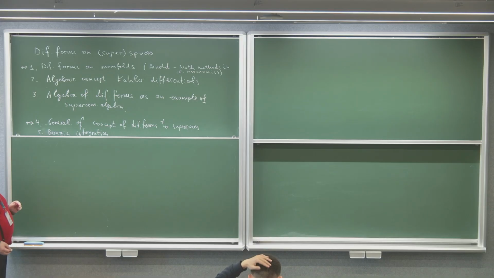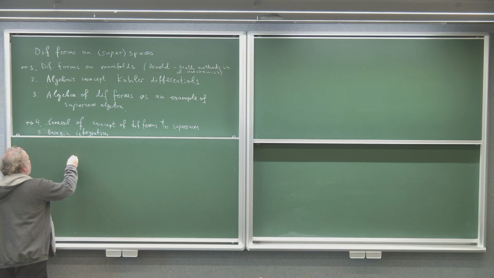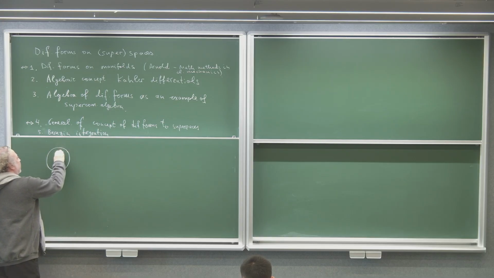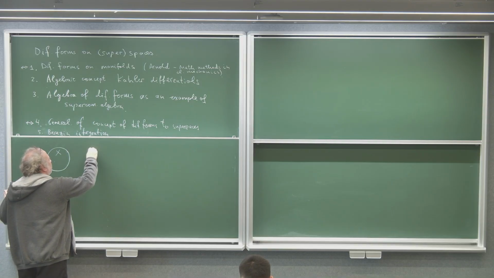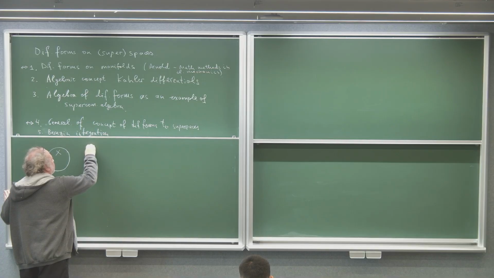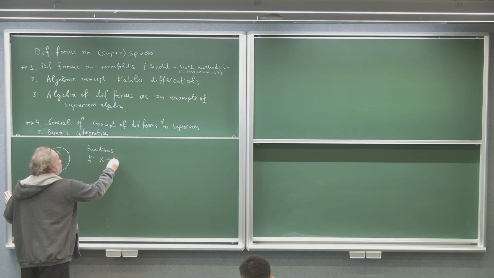So what was the Arnold point of view on differential forms? He said the following. Suppose we have space X. And suppose we also have the space of functions F from X to R, to C, to any.